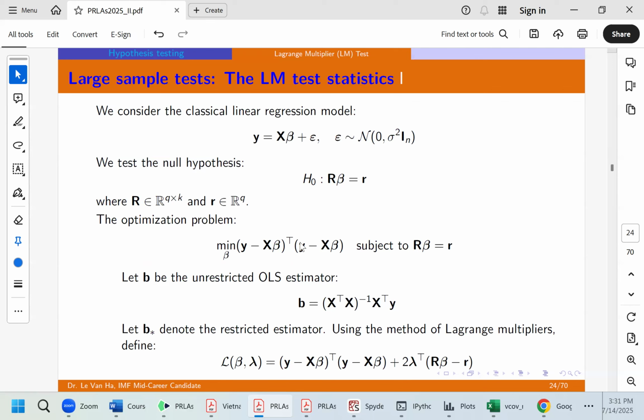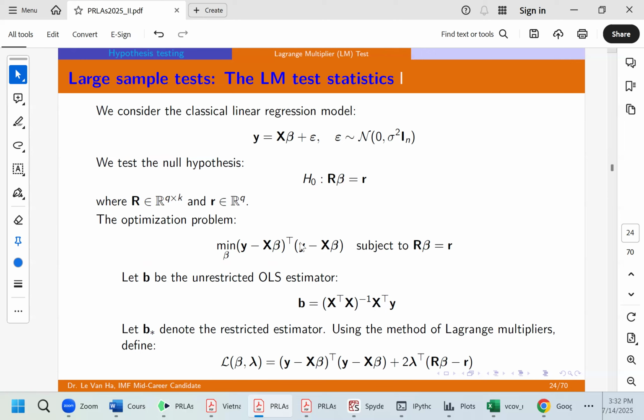Now we will approach the issue from the perspective of constraint optimization. In the OLS model, you have this minimization problem without this part here.